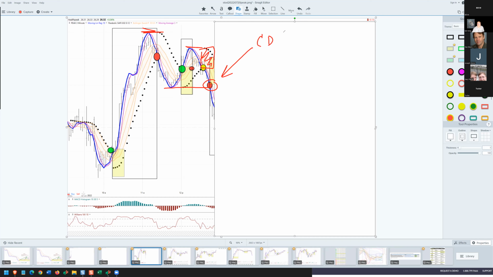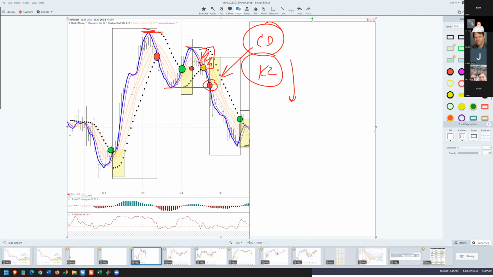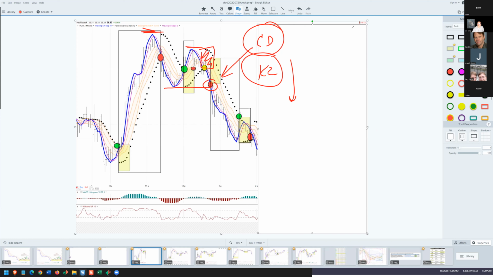It's a CD for sure. And it's also a COTA 2 to the downside. So that makes it double plus good. Standard exit. That was a stop and reverse because I was feeling the COTA 2 quality of this thing, and then stuck around too long and took a -1.